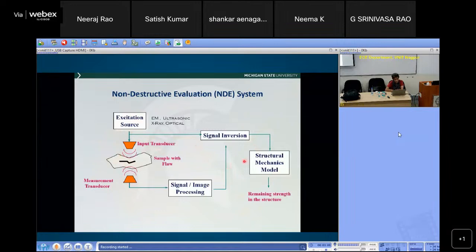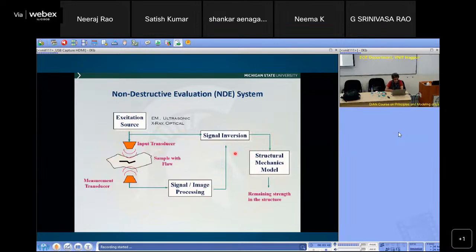And the inverse problem is, given the measurement transducer signal, which is processed a little bit, you take out all the noise and everything, and you also know what the excitation was that was sent into the sample, you try to determine what the defect is, what's the shape and size of the defect, and so on. And of course, you then use the output of this inverse problem in a structural mechanics model and determine the remaining useful strength. So this part is the inverse problem.